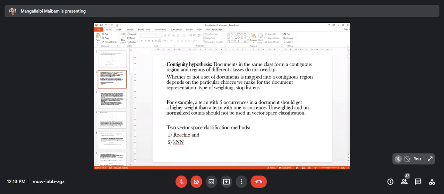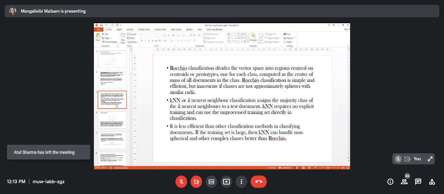As I told you, we have two classification methods. One is Rocchio classification and the other one is K nearest neighbor classification. So let us see some differences between the Rocchio classification and KNN, and then we will start the calculation.